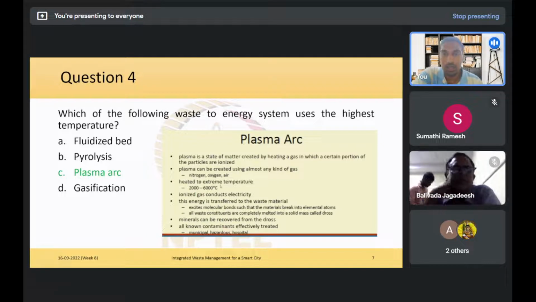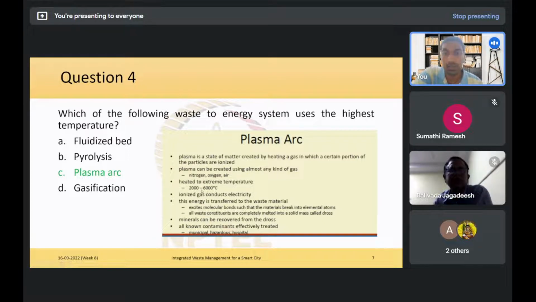So when we heat it to that extreme temperature, almost all of the matter that is present here will be destroyed, right? So it will be converted into these ionized states. For doing that, we need a very high amount of energy, because we need to raise the temperature to these high levels.